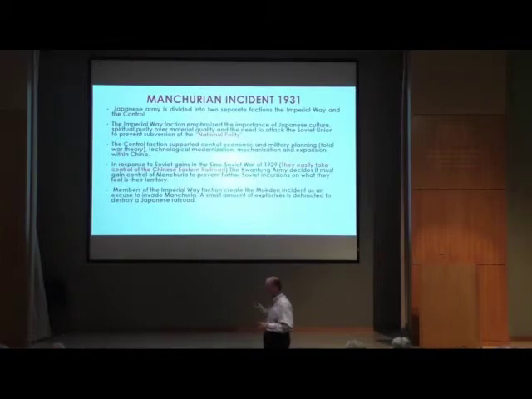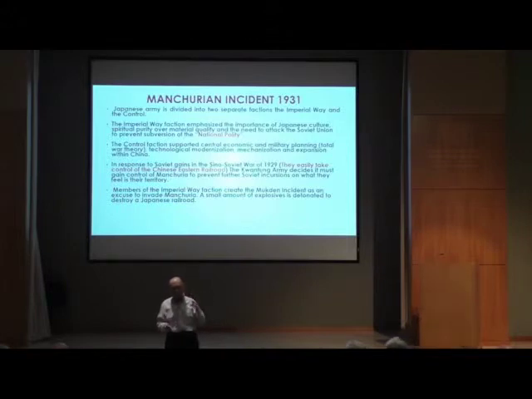They create the famous Mukden incident, and I think this one's pretty funny, really, if you think about it, because what they do is they stage an incident where theoretically the Chinese have blown up a Japanese-controlled railway. Well, they didn't use a lot of explosives.